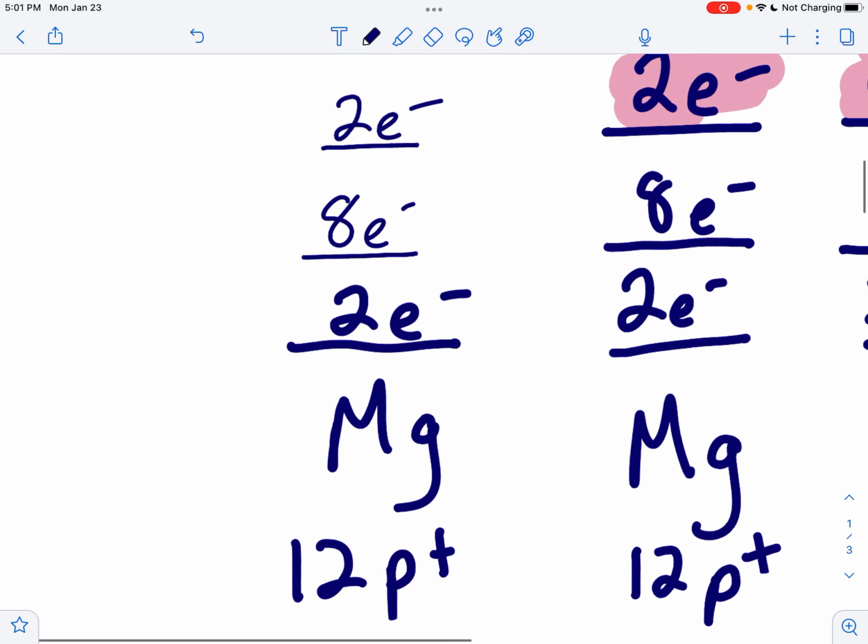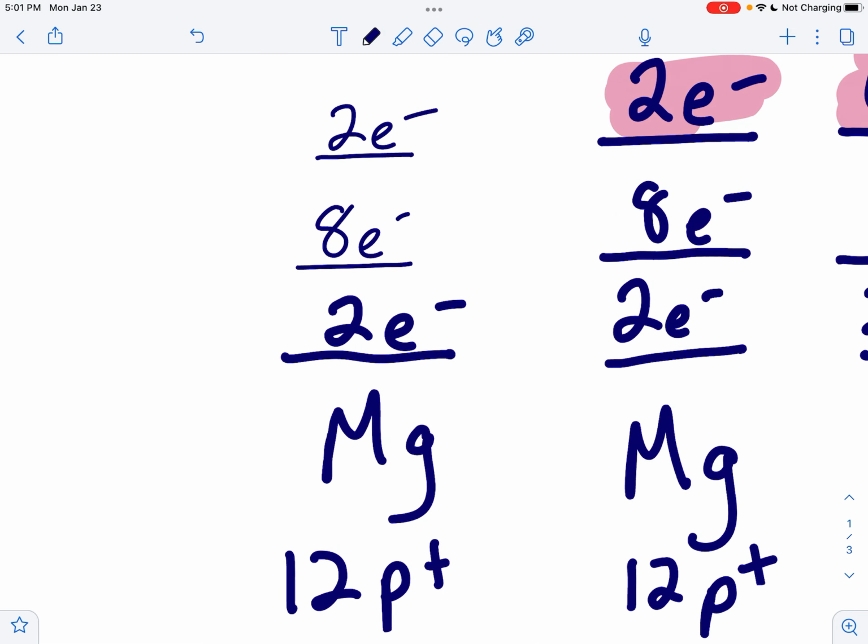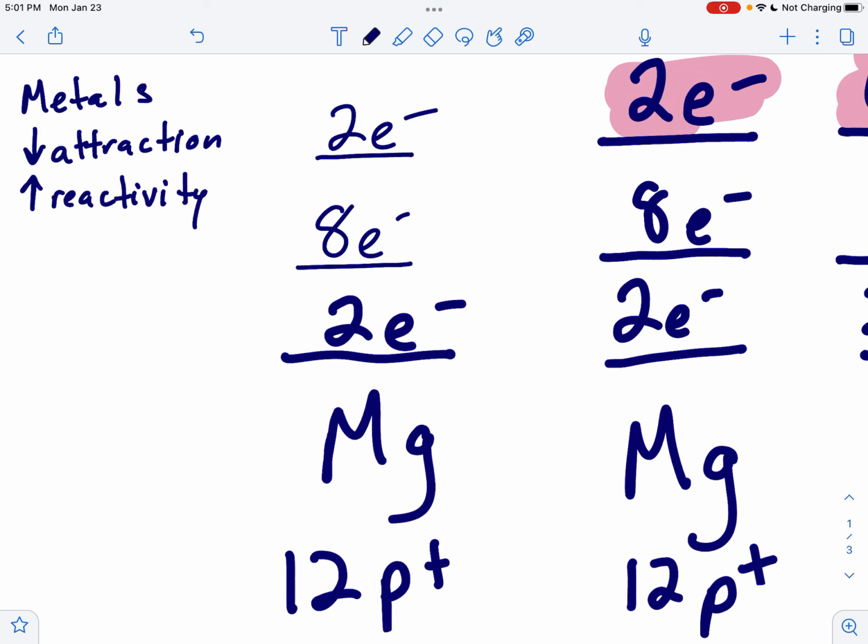When we have metals, we know that the metals are attempting to lose electrons. This is also why, as far as metals are concerned, as the attraction decreases, then its reactivity will increase, and that's because metals lose electrons.